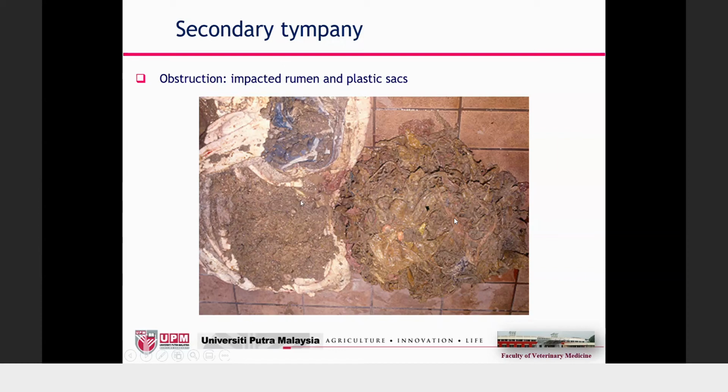But one nice story of what happened is a case of this tympany resulting from impacted rumen content. Actually, the goat in this case died off due to consuming a sarung. You know sarung? Kain, yeah? Kain pelikat. Yeah. What happened was, in the villages, normally they will dry their sarung outside the house and hang it under the hot sun.